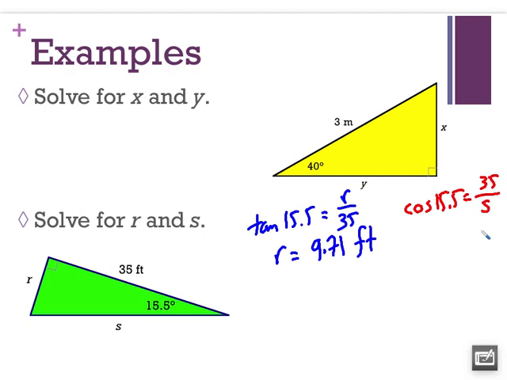How do I solve that? Come on, algebra 1, how do I solve for S? Multiply by S. So this becomes S times the cosine of 15.5 equals 35.